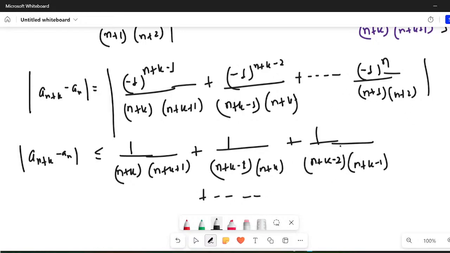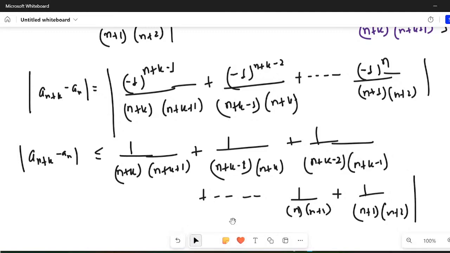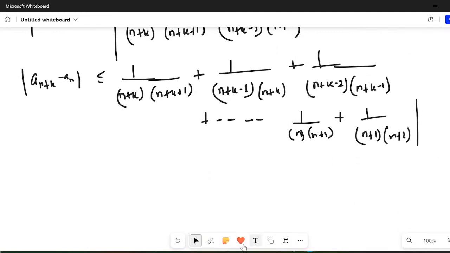Just a term before, it would be 1 upon n, instead of n you write n minus 1, so you will get n into n plus 1, and then the last term would be 1 upon n plus 1 into n plus 2 modulus. Okay, so let us write that.